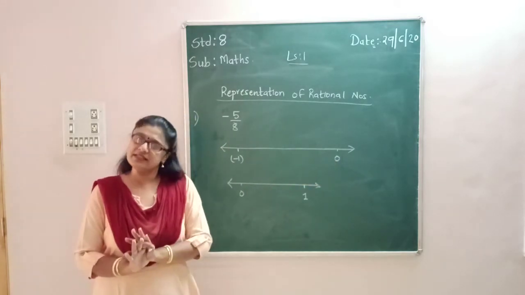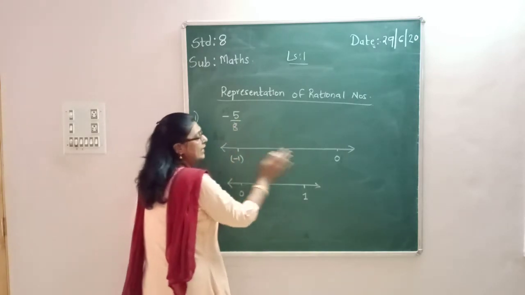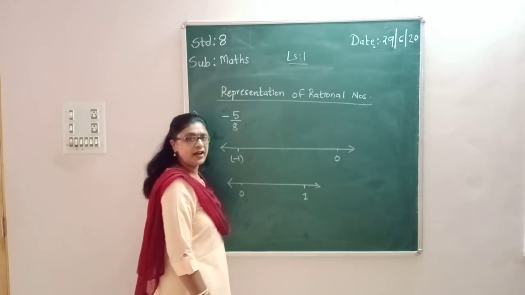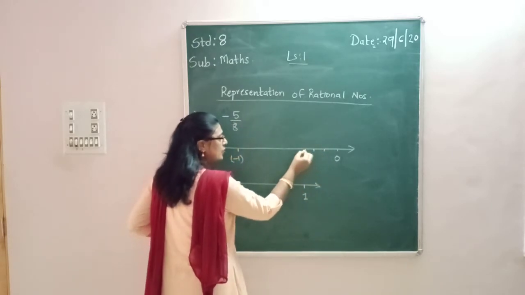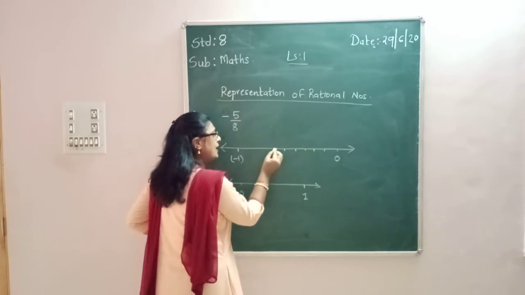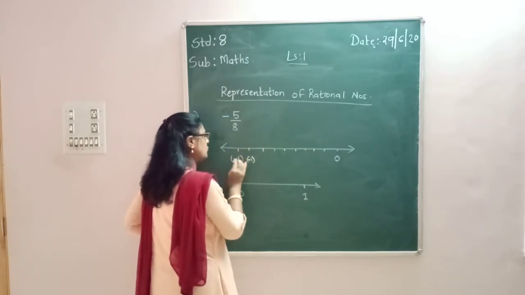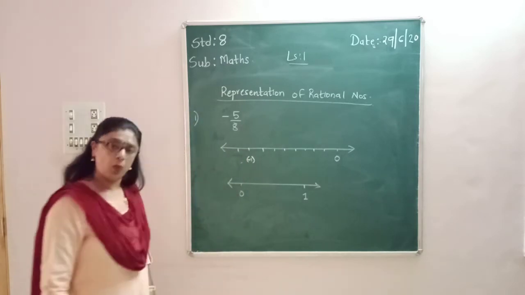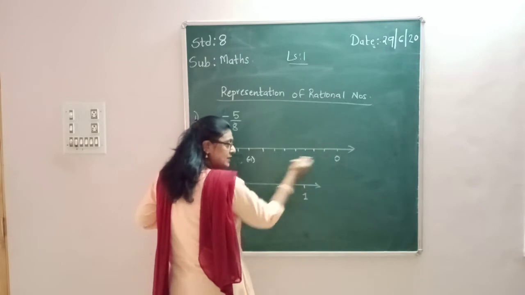Then the method is the same as we learned earlier. For 5 upon 8, how many parts do I have to divide into? Into 8 parts. So 1, 2, 3, 4, 5, 6, 7 and 8. This 8th part will become minus 1. Now I have to start from 0.